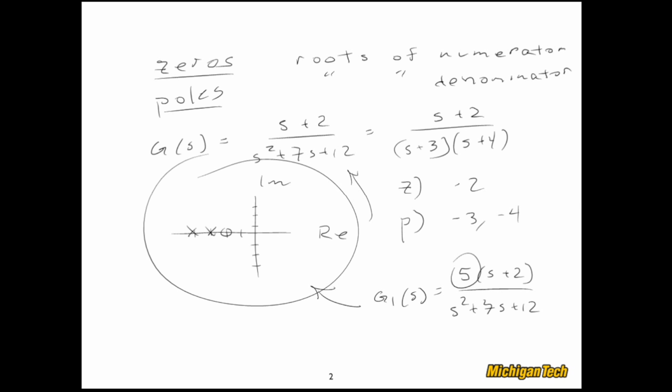Now, of course, I can also do pole zero diagrams for transfer functions that have complex poles. So let me do another one. I'll say G of s is equal to, I'll keep that numerator the same, and how about we use this for the denominator? Again, my zero is at -2, but now my poles I have to get from solving this equation.